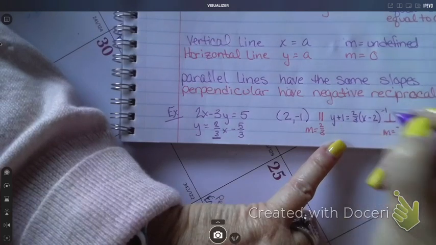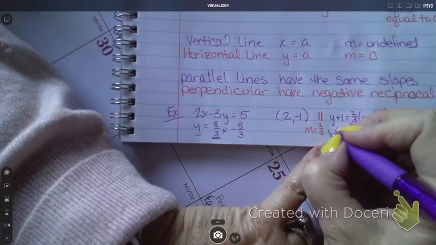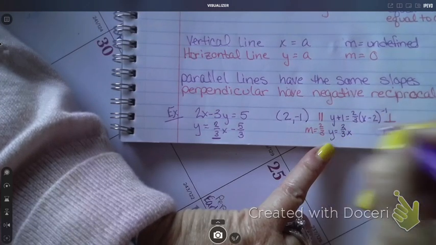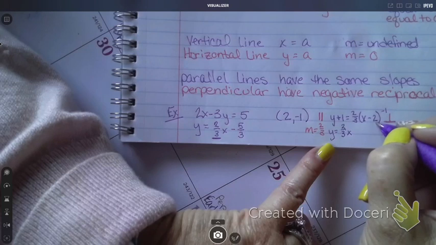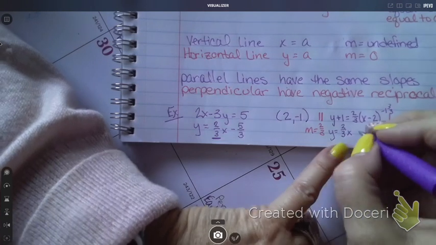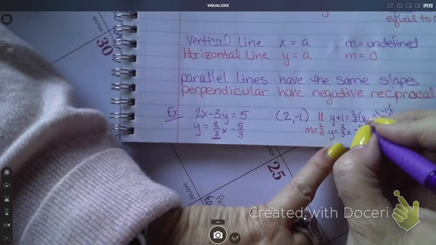So minus 1, right? So y equals 2/3 x, so this will be negative 4/3, right? So this will be 3/3. So negative 4 and negative 3 is negative 7/3. Guys checking my work?